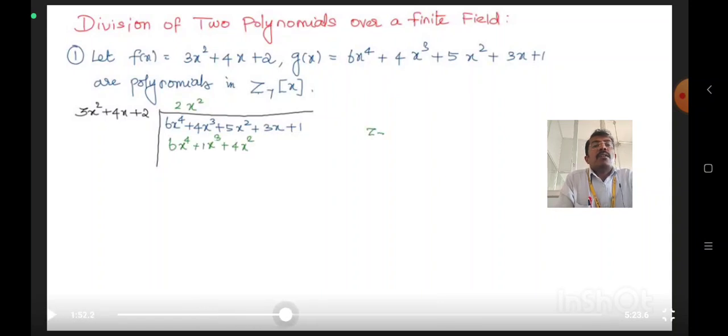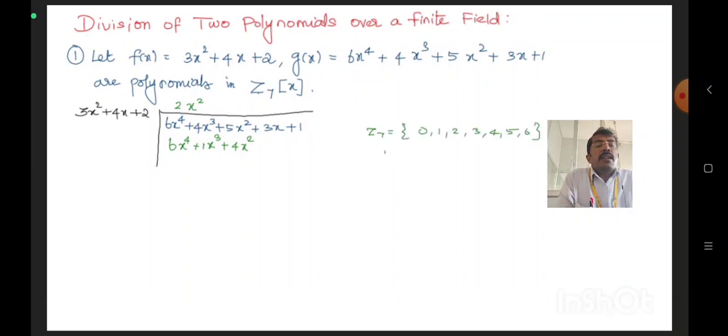Since it has only 7 elements, the elements can be from 0 to 6, so the coefficient of each variable should align with the field values.